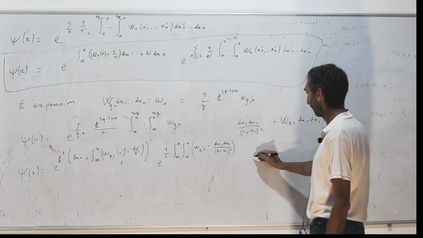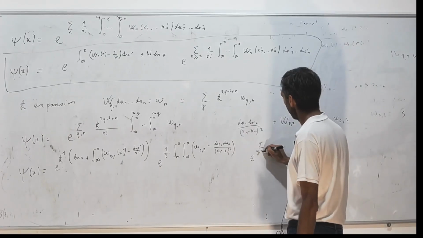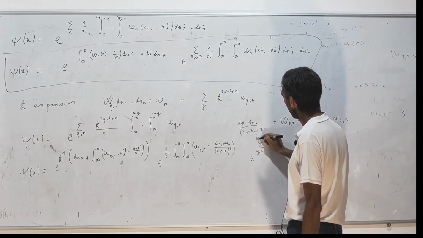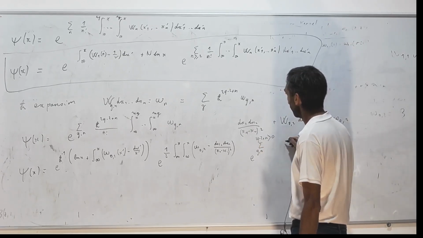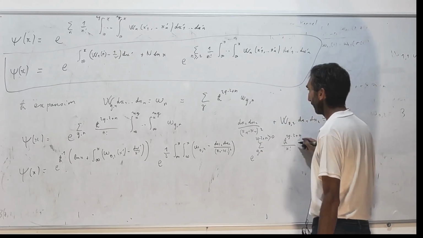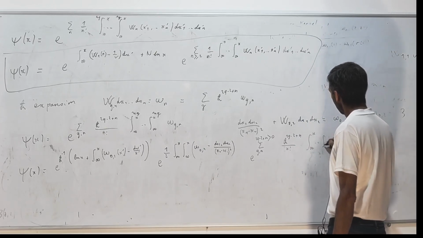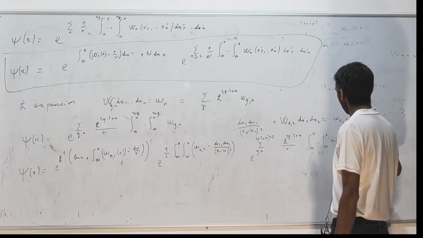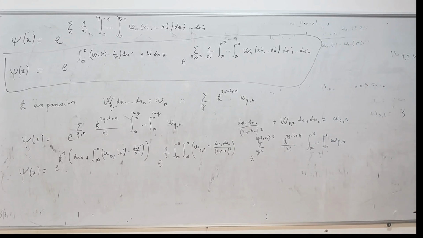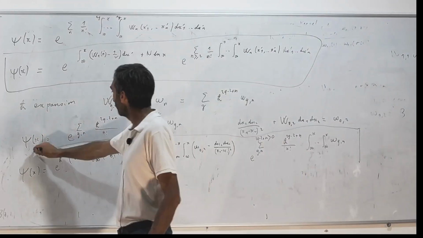And then the exponential of the sum over g and n such that 2g minus 2 plus n is strictly positive of h bar to 2g minus 2 plus n over n factorial, the integral from infinity to x of omega gn. So this is the formula that you have probably seen in many places.